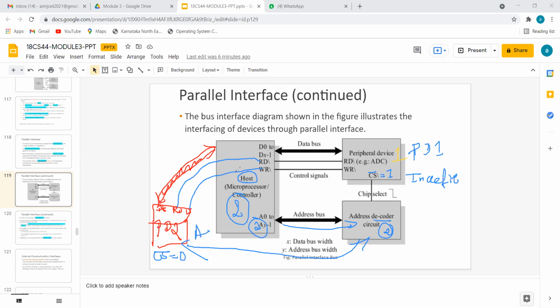So the master feels like he is connected with PD2. He will first send whether he wants to read or write. Sorry, I will erase this because read is in a different direction. Okay, so read means like this, write means like this.